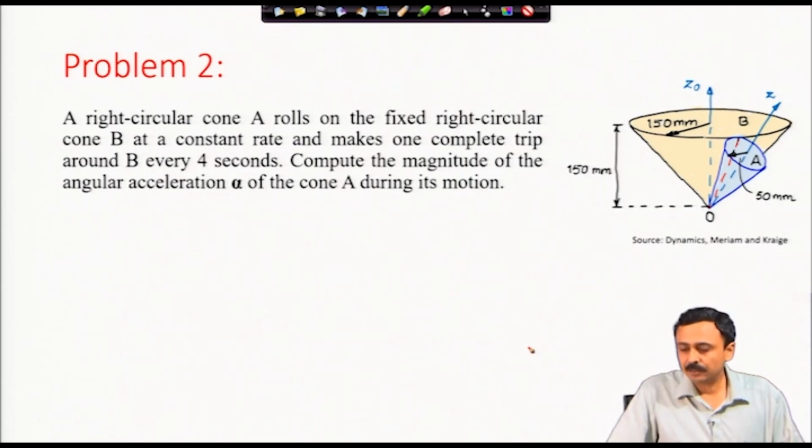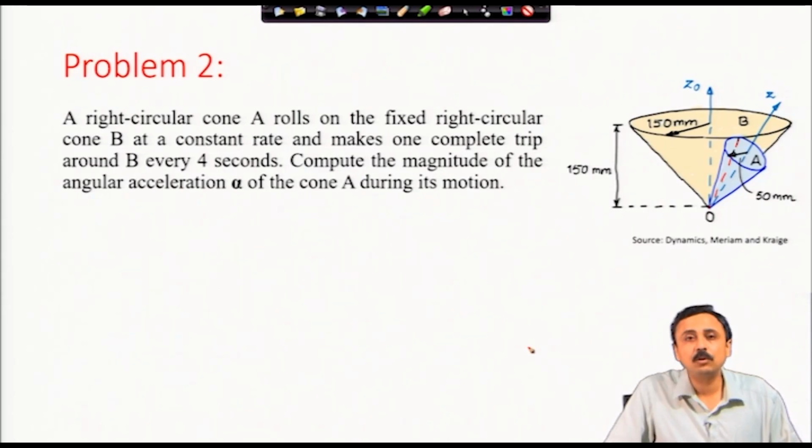This problem might look slightly hypothetical because it is very difficult to find a cone rolling over another cone, but I will show you how this problem is relevant in various problems of rotation of a body about a fixed point.